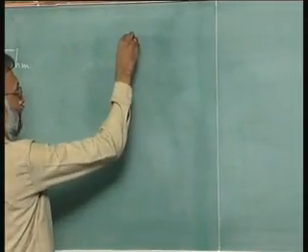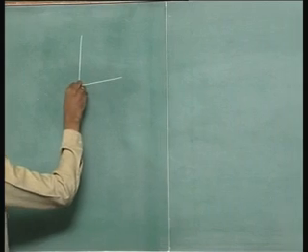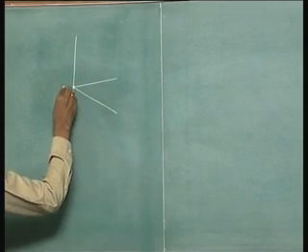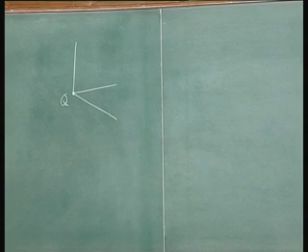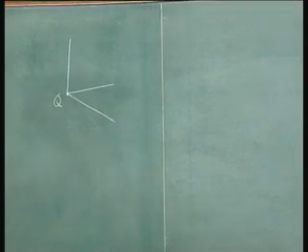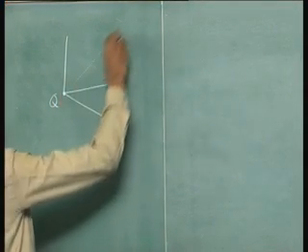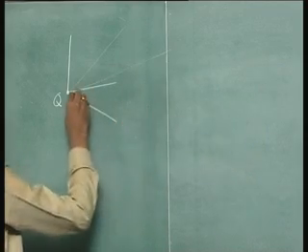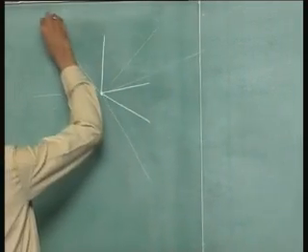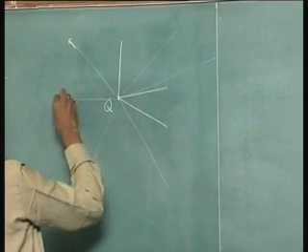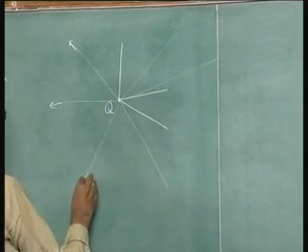Let us assume that we have our coordinate system and we have a charge q at the origin. We know that the electric field therefore points outwards on straight lines in all directions. So the electric field is outwards in all directions.